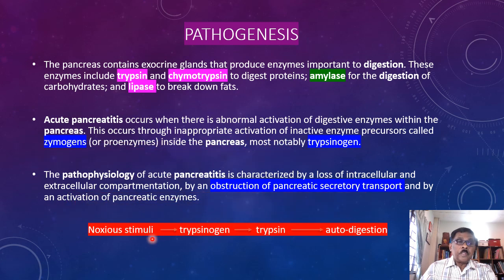In short, noxious stimuli from various sources, including obstruction of the pancreatic ducts, lead to activation of trypsinogen, which increases the release of trypsin, which is involved in the digestion of protein. And this excessive and inappropriate trypsin secretion causes autodigestion of the pancreas, leading to pancreatitis.